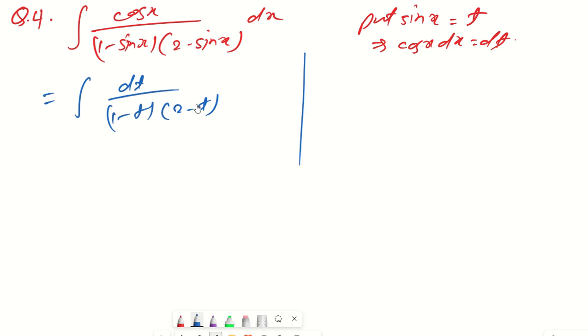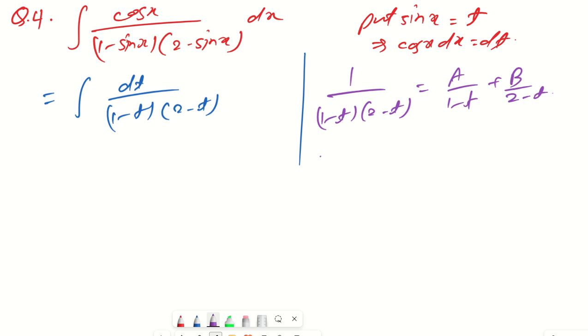You have to just find out the partial fraction of 1 by 1 minus t into 2 minus t is equal to, let us say, a by 1 minus t plus b by 2 minus t. To get the value of a, we can find out how much? 1 by 2 minus t at t equal to 1. Why?